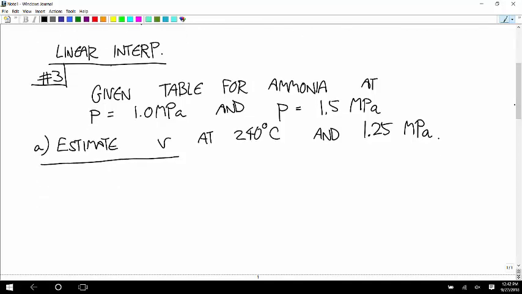Okay, well, the table has these 2 pressures, and it has the temperature 240 degrees. So 240 degrees Celsius is included.